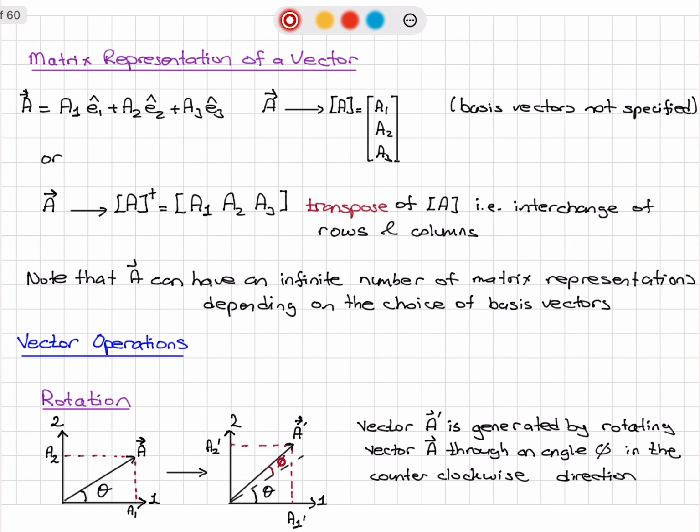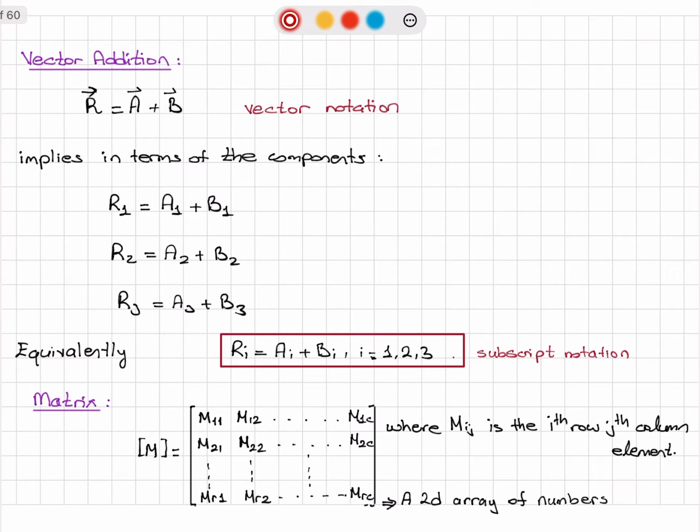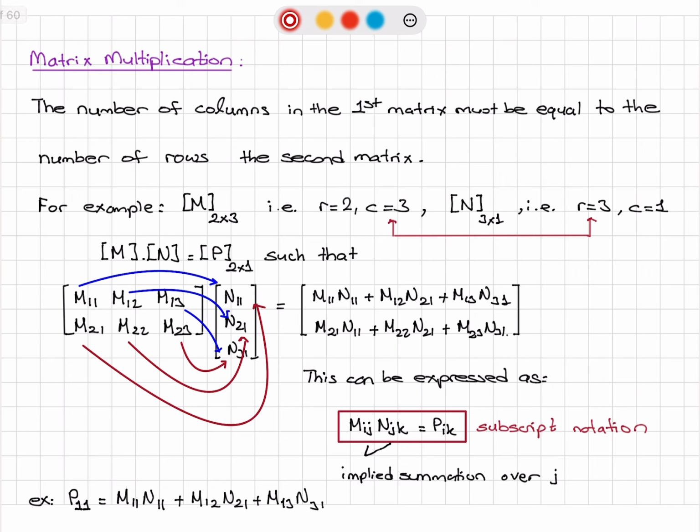Okay, so here we've talked about matrix multiplication. If we write a matrix, a two-dimensional array of numbers where Mij is the ith row, jth column, in order to be able to multiply two matrices, the number of columns in the first matrix must be equal to the number of rows in the second matrix, and the number of rows in the first matrix and number of columns in the second matrix are the values for number of rows and columns in the product.